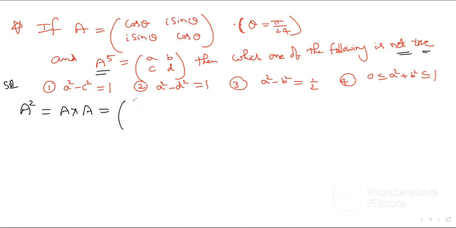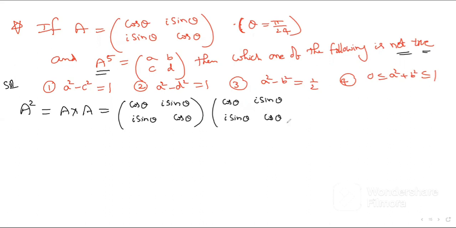Here A is the matrix [cos theta, i sin theta; i sin theta, cos theta], multiplied by the same matrix again. What do we get here? First row multiplied with first column: cos square theta plus i square sin square theta, where i square is minus 1 (iota whole square).